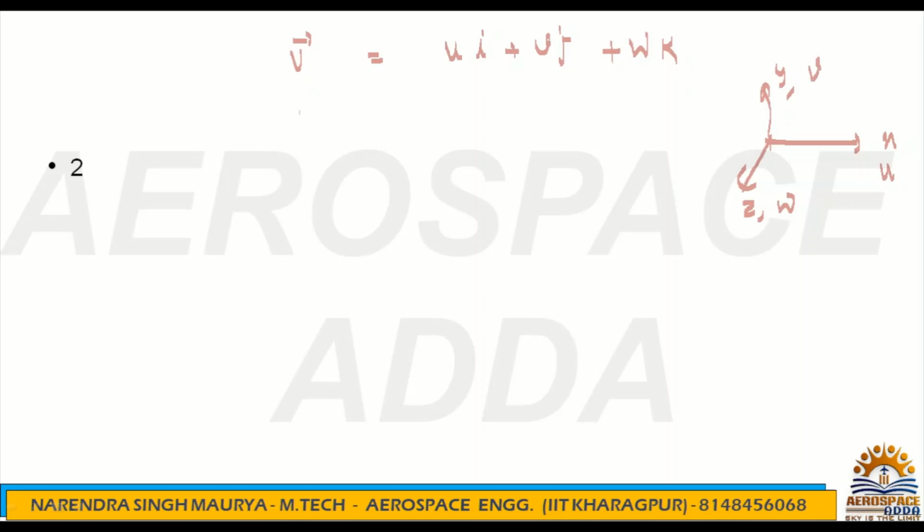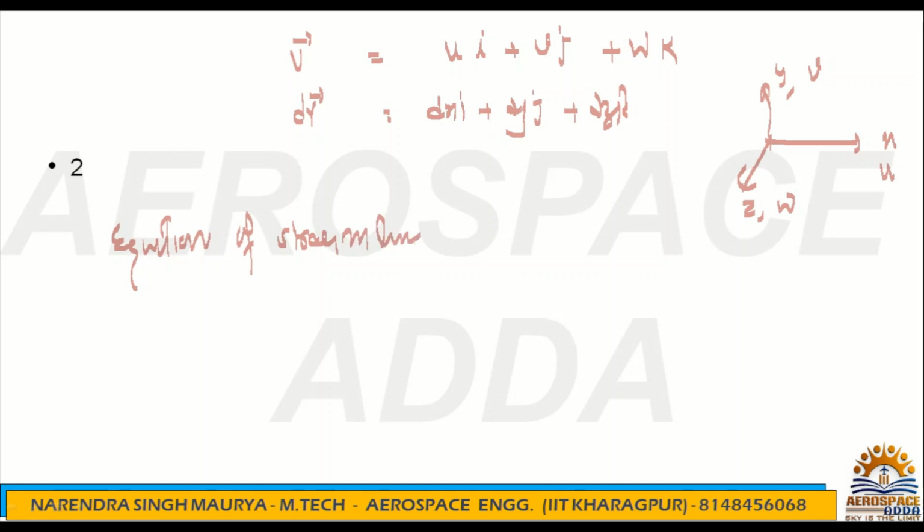And similarly, if you are interested to write the position vector for an infinitesimal element, then dr is nothing but dx i plus dy j plus dz k. So the equation of streamline is nothing but v vector cross dr is equal to 0.